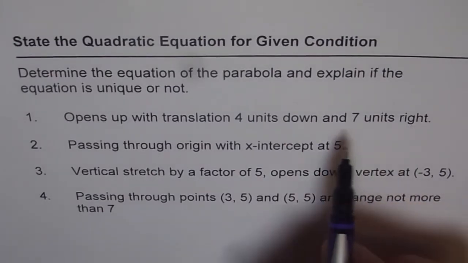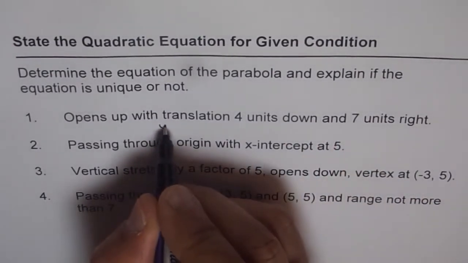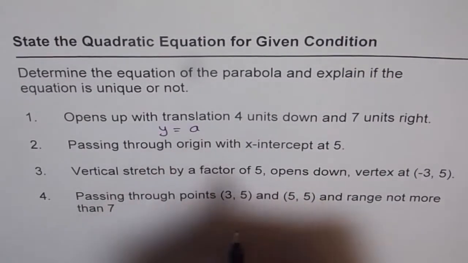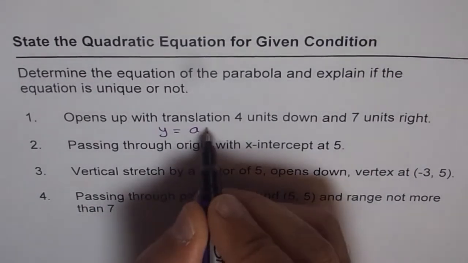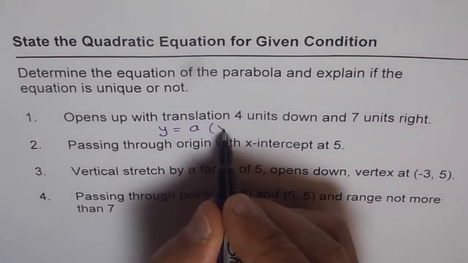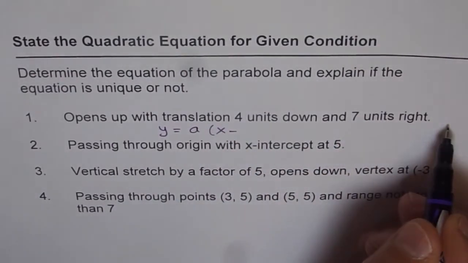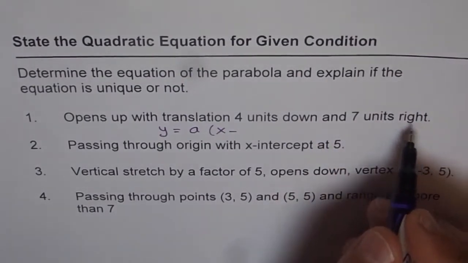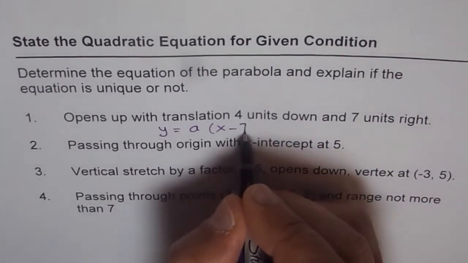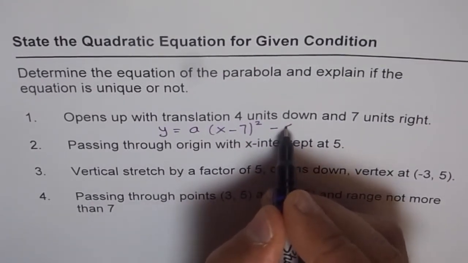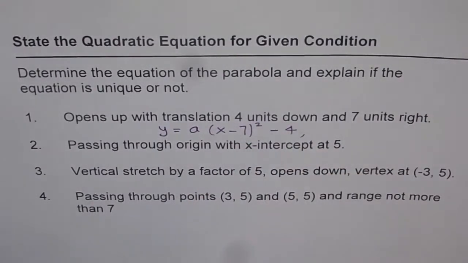So therefore, we can give an equation for this as y equals a, where a is positive. Let me write a for the time being, okay? And then x minus 7 for 7 units to the right, so x minus 7 whole squared, and 4 units down means minus 4, right? So that is the equation which represents this.